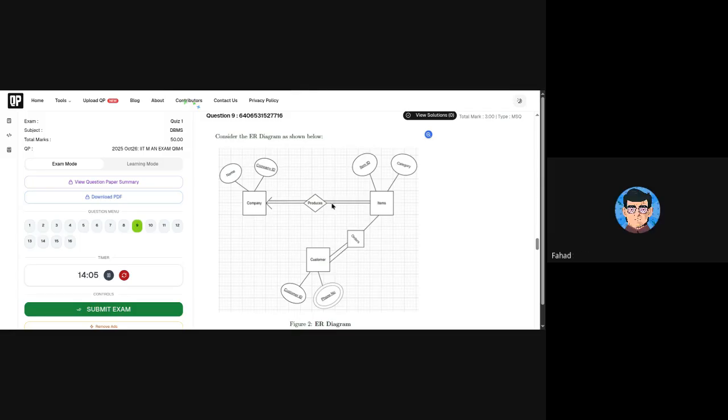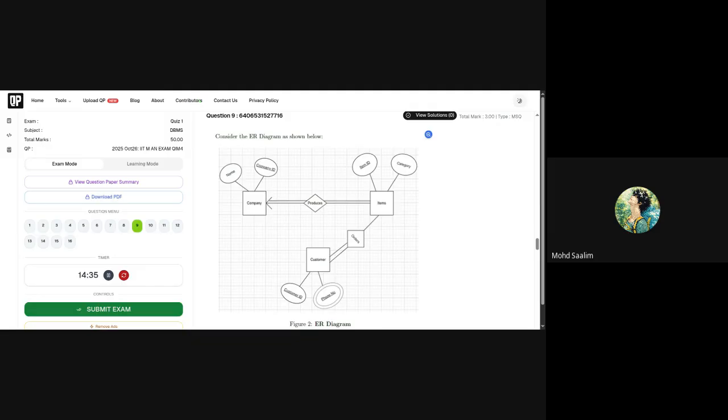Yes. Why not produces? It's one to many, so you can accommodate it in one of the tables. If it is one to many, then we can collect the relationship information by storing the foreign key in one of the tables, either company or items. In which table, according to you, we should store that foreign key?